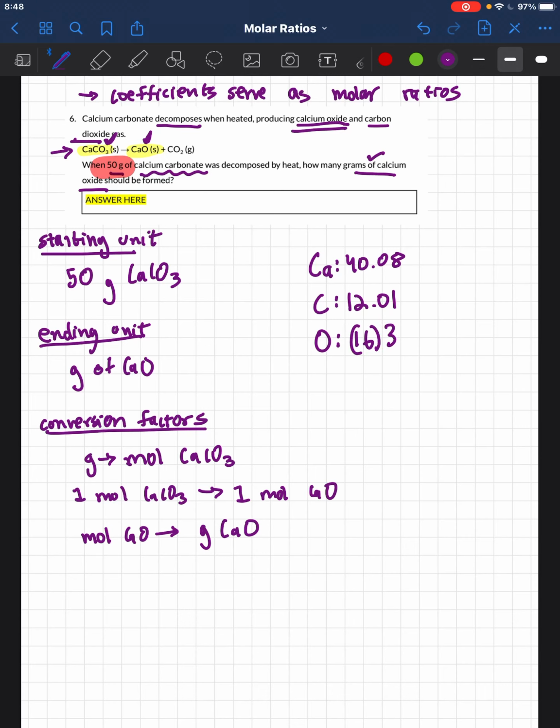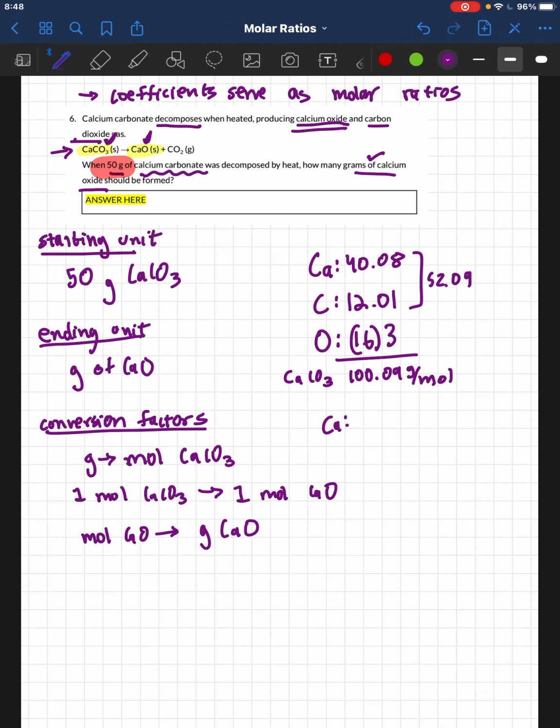So calcium carbonate, my molar mass is, I'm doing this here in real time. Hopefully you already have this calculated for yourself. These two together, 52.09. All right, I'm getting 100.09 grams per mole for CaCO3.